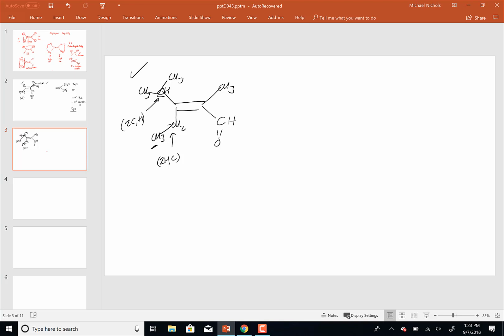So isopropyl is high priority. Why am I doing the bottom one instead of the middle one? I'm doing this one. It has to be the atom that's directly attached to the double bond.